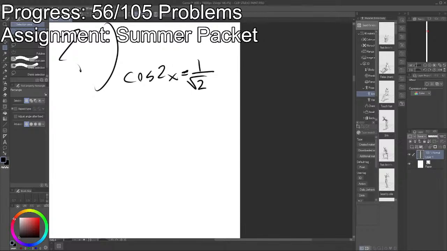So it had directions for double angle identities. Remember to double the domain when solving for a double angle. Really? Okay. That doesn't help.